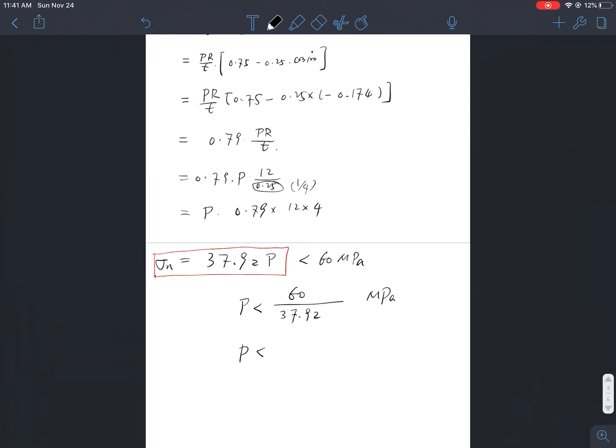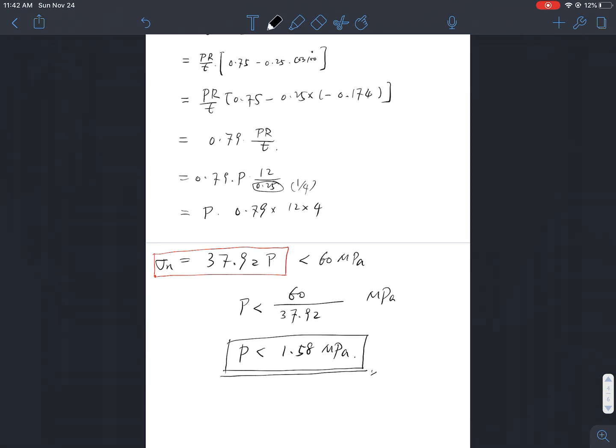A quick calculation, 60 divided by 37.92, arrives at 1.58 megapascal. So you notice that to keep the stress on the outside surface of the cylinder less than 60 megapascal, the pressure inside the pressure vessel has to be smaller than almost 1.6 megapascal. It's a very small value.